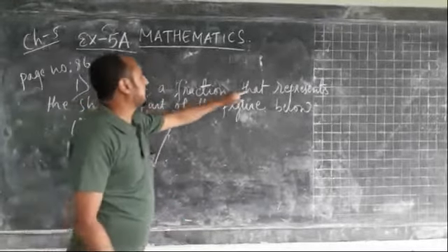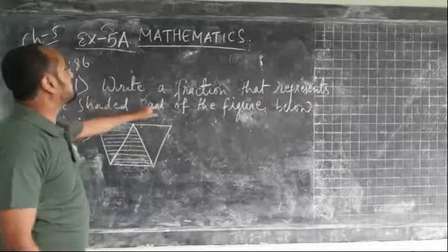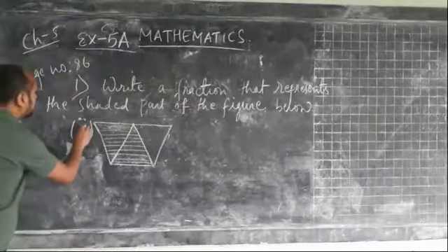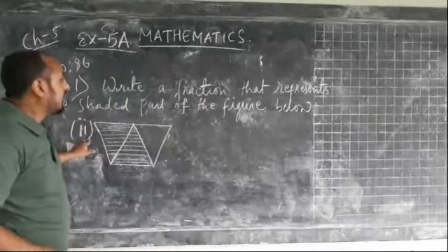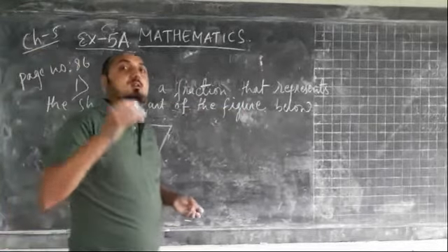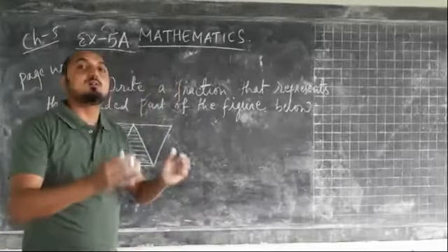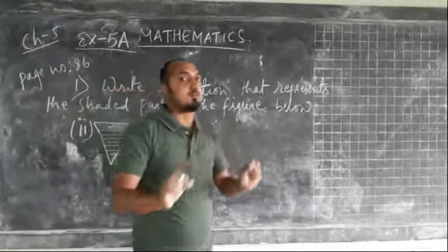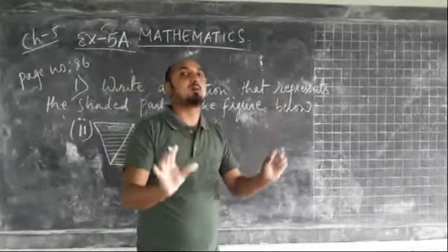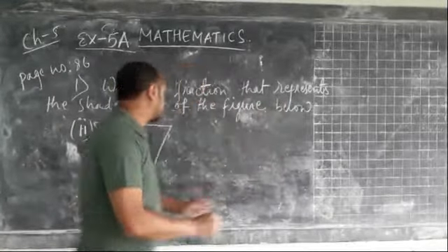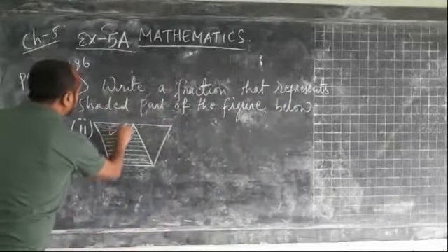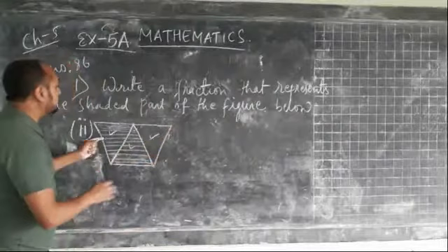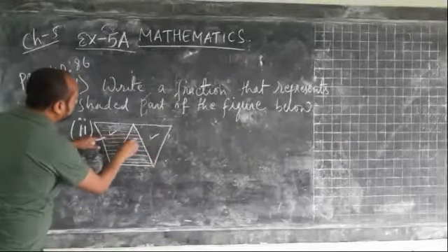Write a fraction that represents the shaded part of the figure below. So this is the figure given in question number 2. Now we have to write the figure in fraction form. So first we have to know what a fraction is. When we divide any part into equal parts, like here we have 3 parts, 1, 2 and 3 equal parts, but out of that how many shaded parts do we have? 2 parts.